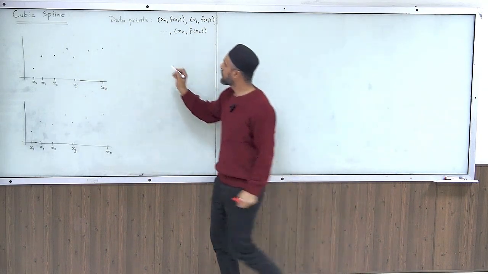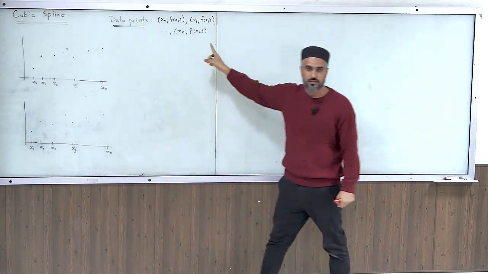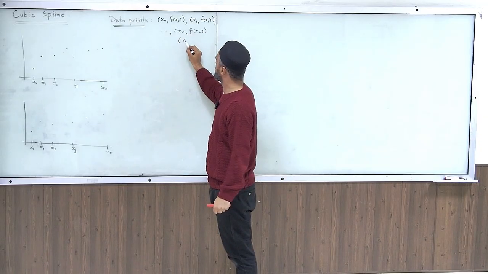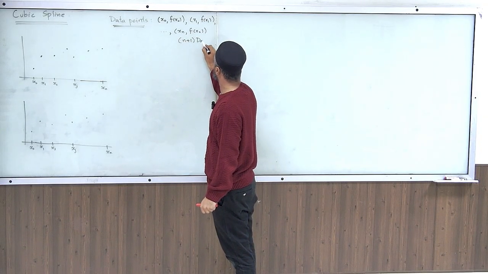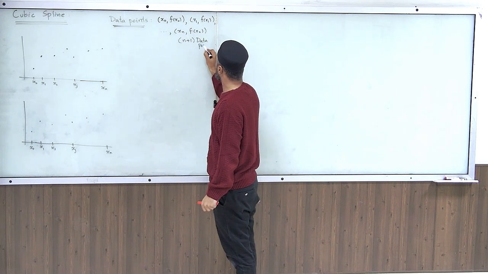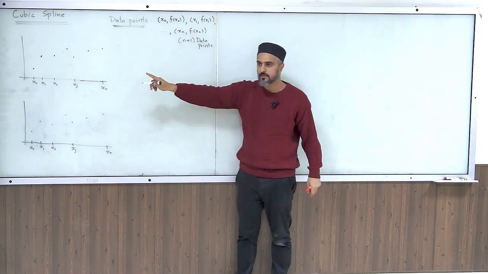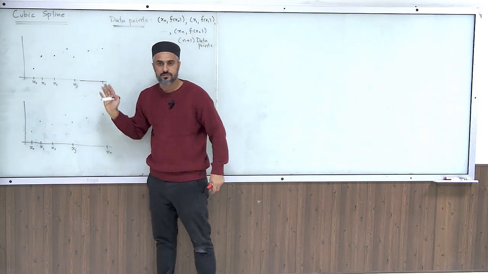If I ask how many data points we have, we have n plus 1 data points, or observations. If I plot them on the graph, these are the given points.